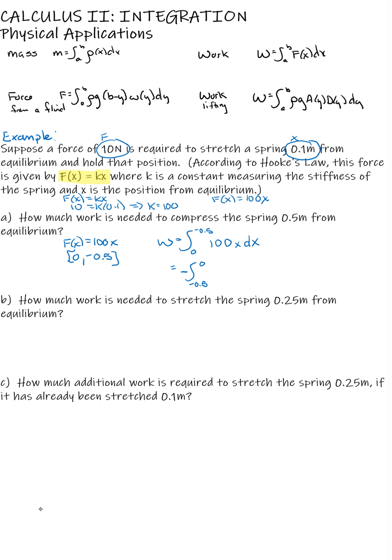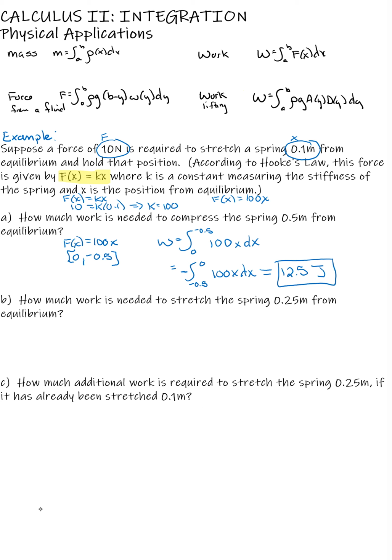So it's going to be the negative integral from negative 5/10 to 0 of 100x dx. Pretty straightforward integral to do. I'll let you take a moment and give that a shot. You should end up with 12 and 5/10. This is work, so this will be in joules.